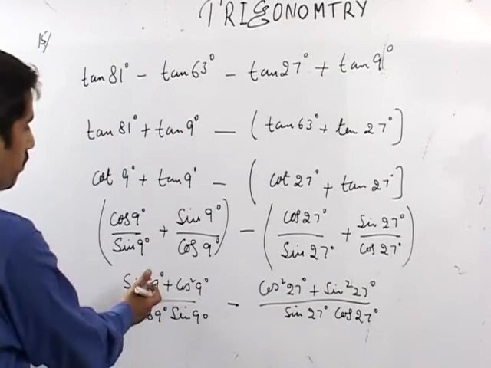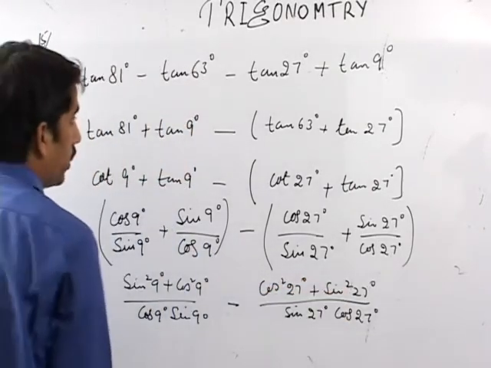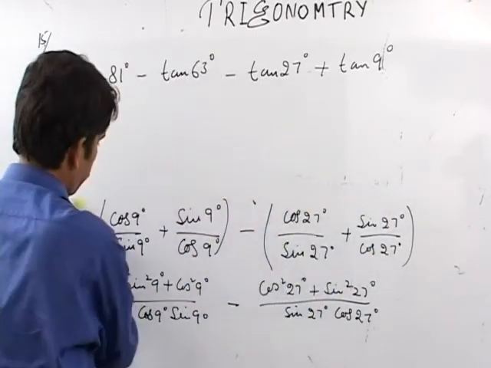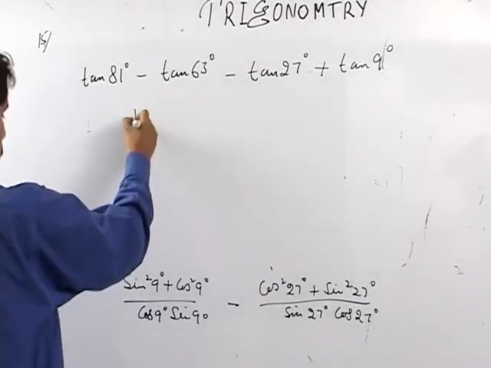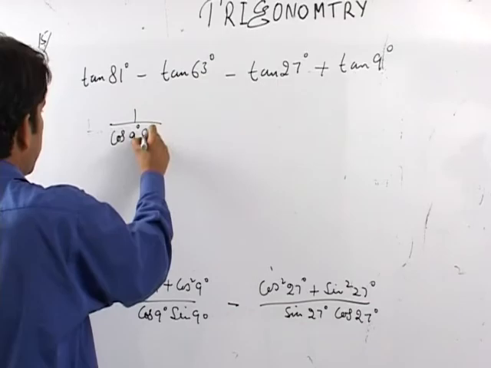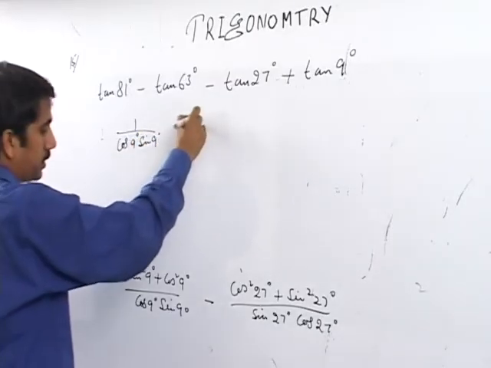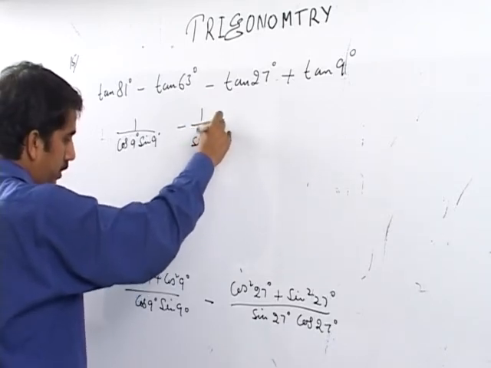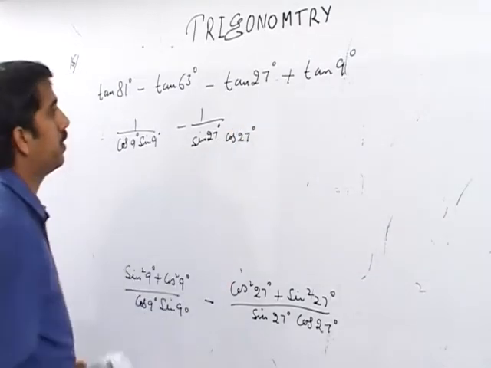Now sin square theta plus cos square theta is equal to 1. So you will write one over cos of 9 degree sin of 9 degree minus 1 over sin of 27 degree cos of 27 degree.